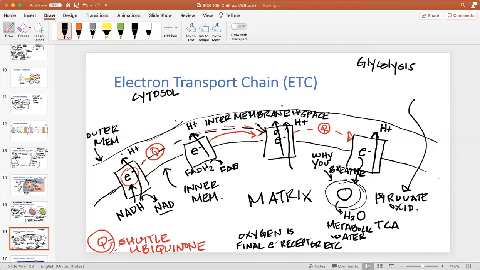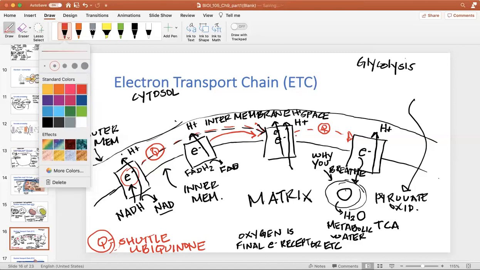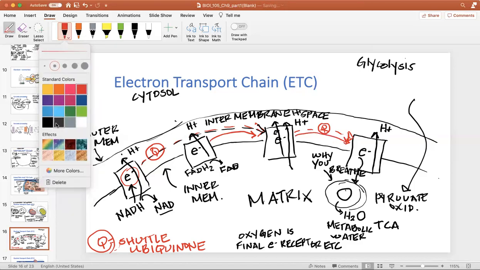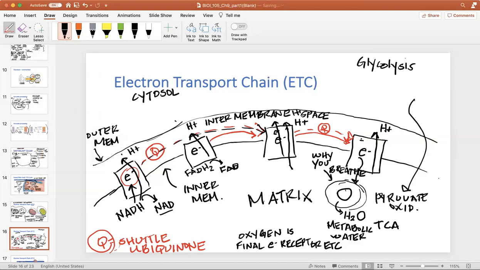And then again, we'll do another shuttle. Do it in red again. Another shuttle, boom. Move that electron over here. Use it once again to get some pumping done. And then when it's all finished, this guy is exhausted and depleted of energy. He'll get dumped onto an oxygen molecule, which will combine with hydrogen and make some metabolic water.